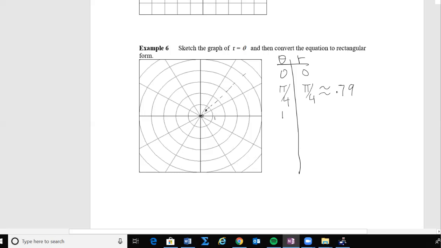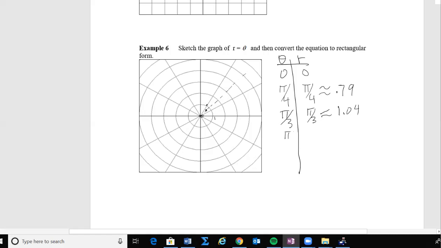Let's do pi over 3. Well, pi over 3 is about 1.04. So at pi over 6, it's right here. It's a little bit bigger. So I'm over here now.